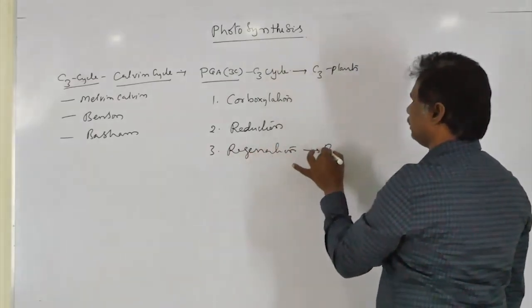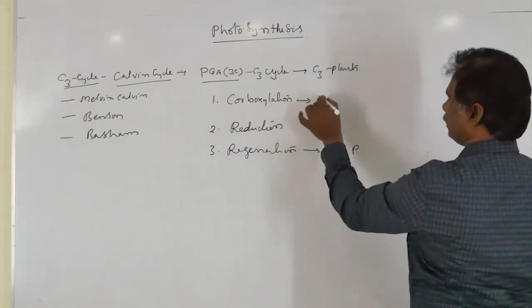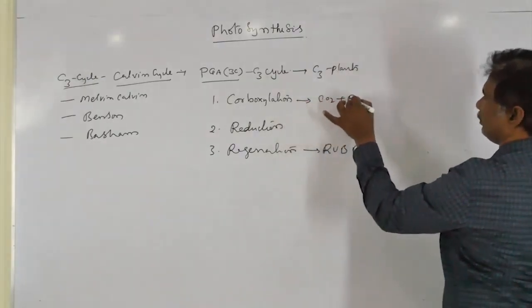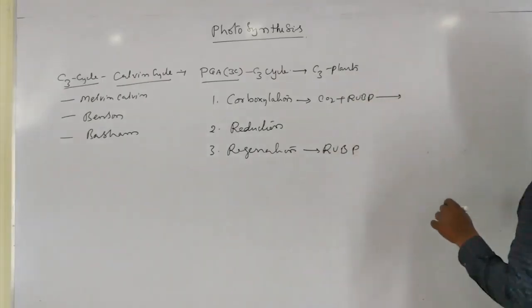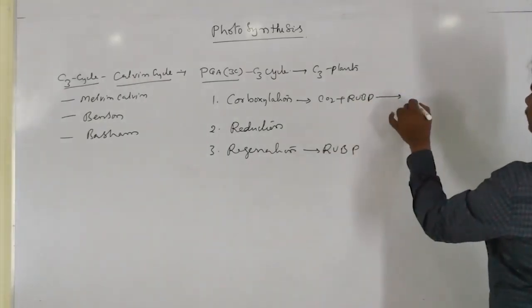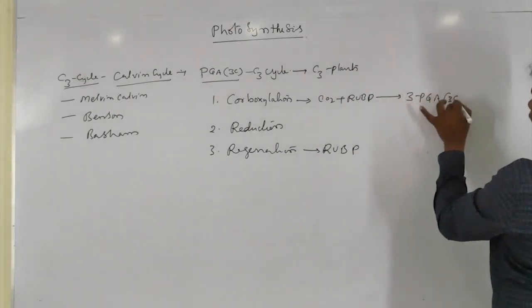Regeneration of RuBP: in the first step, carbon dioxide is combined with RuBP, the primary acceptor of carbon dioxide, to form 3-phosphoglyceric acid, which has three carbons.